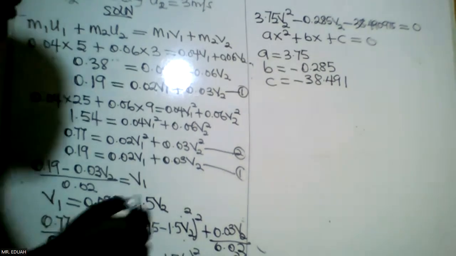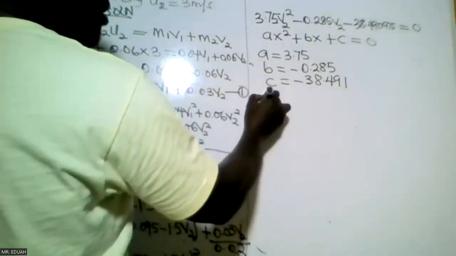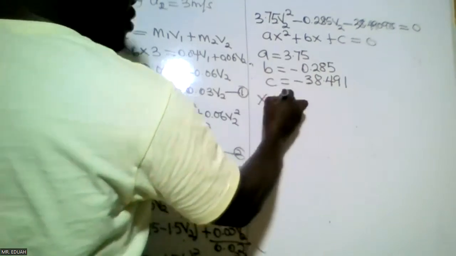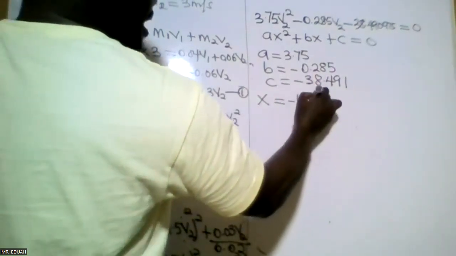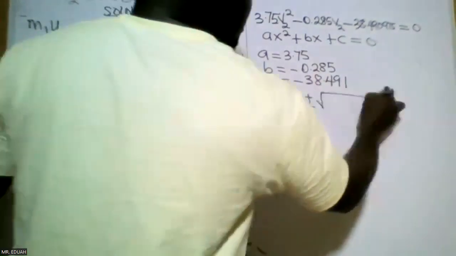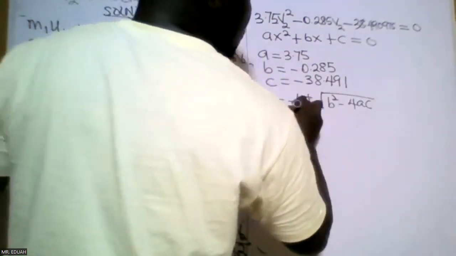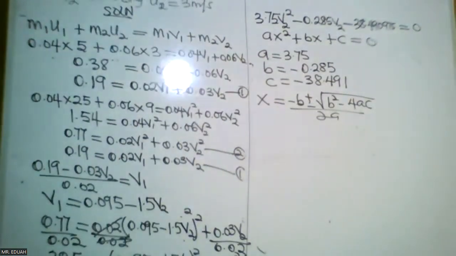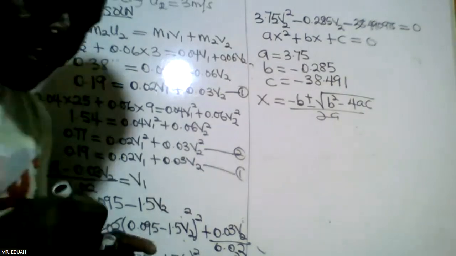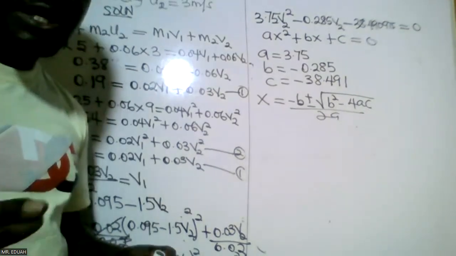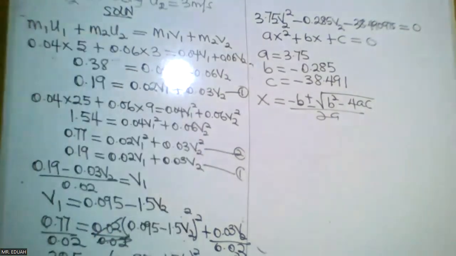So it's obvious we have to use the almighty formula: x is equal to negative b plus or minus the square root of b squared minus 4ac, over 2a. Look at how lengthy this is. But we'll go through so that when we use the coefficient of restitution formula, you appreciate it.